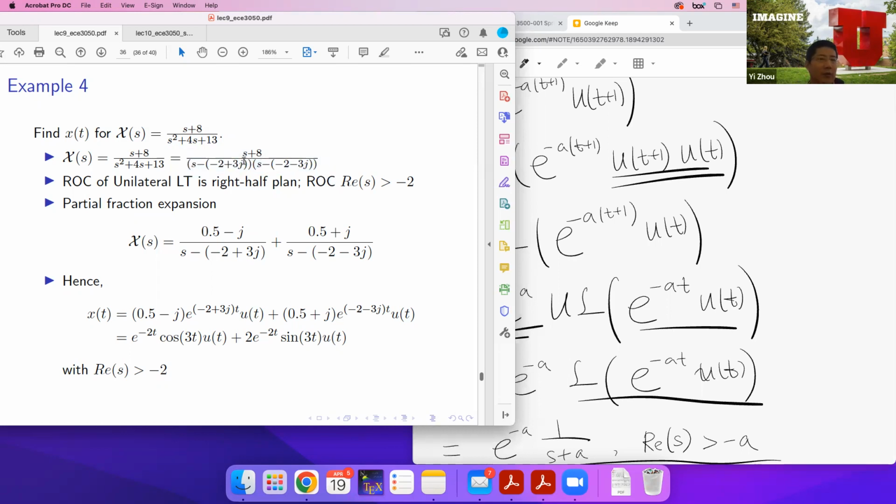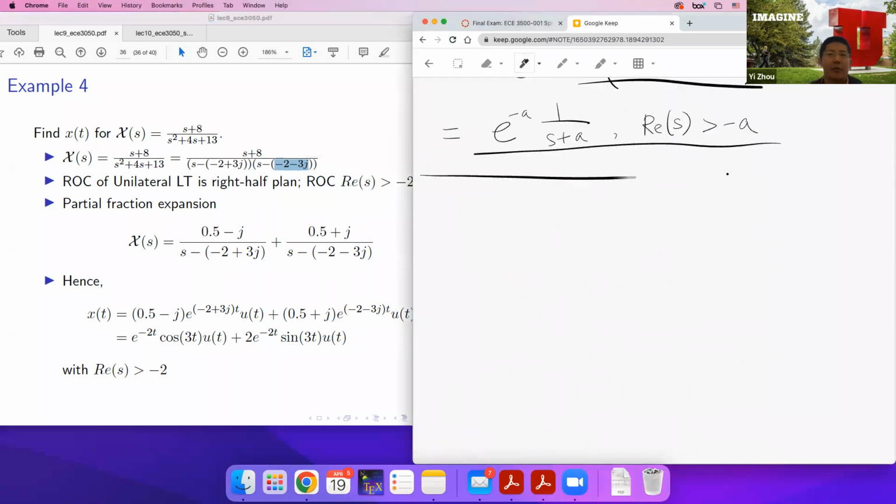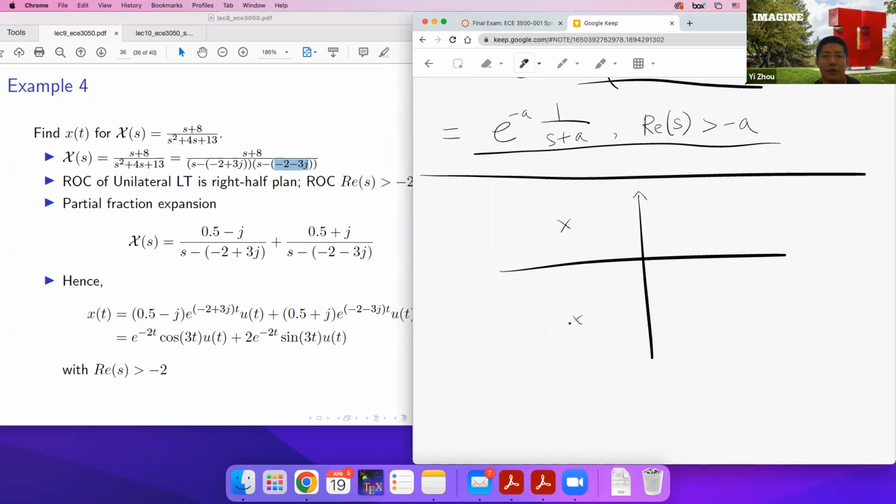So we can find out all the poles of this rational transform. And clearly we have two poles here. One is -2 plus 3j, one is -2 minus 3j. These are the two roots of the denominator. And you can actually visualize that: the real part is -2, one is at 3j, one at -3j.